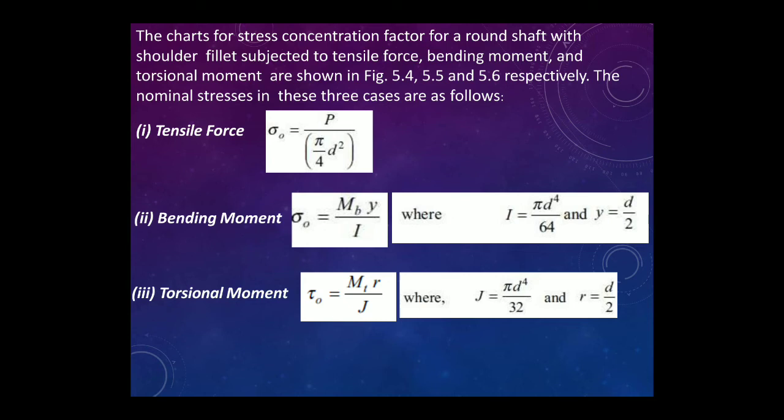Third is the torsional stress, tau naught, given by M t r by J. Here J, the polar moment of inertia, is pi d raised to 4 divided by 32, and r is d by 2. Using these three equations, we can calculate the stresses due to tensile force, bending moment and torsional moment.